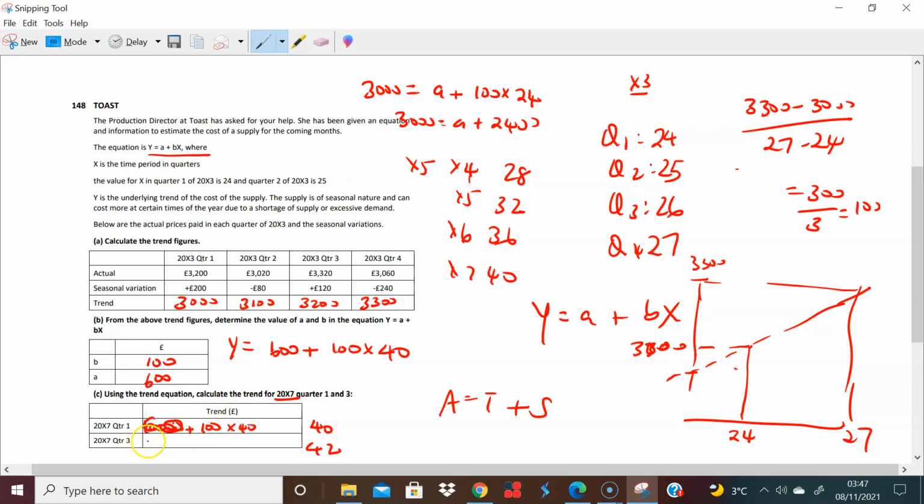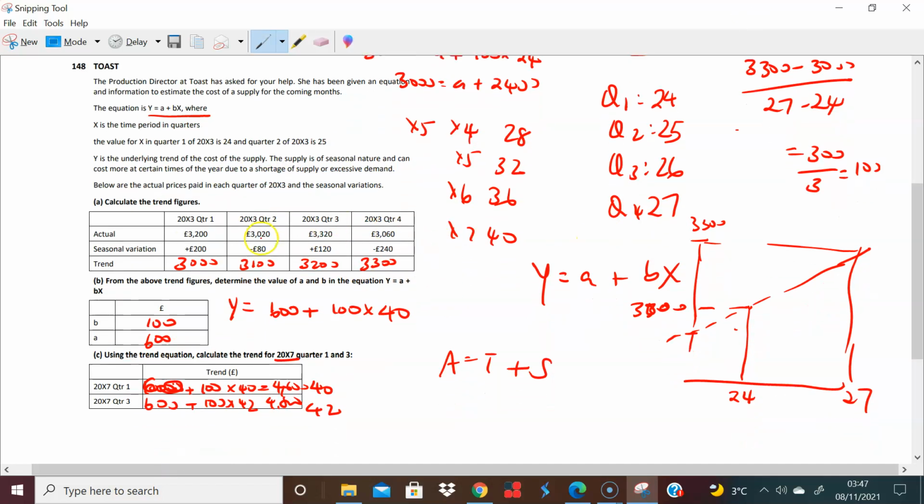And I also have here 600 plus 100 times 42. So this is 4,600. And this is 4,800.